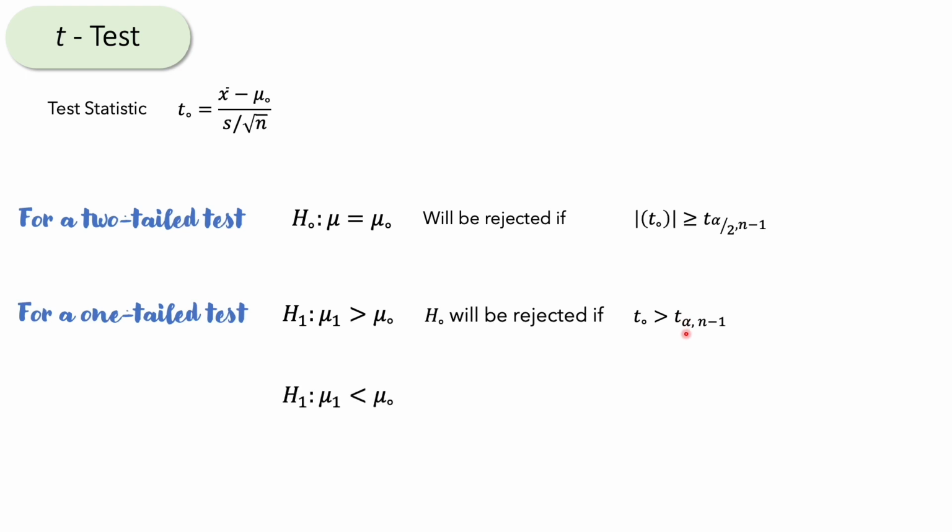However, for the situation where the alternative hypothesis says that mu1 is less than mu naught, then the null hypothesis will be rejected if T naught is less than minus T alpha, n-1.